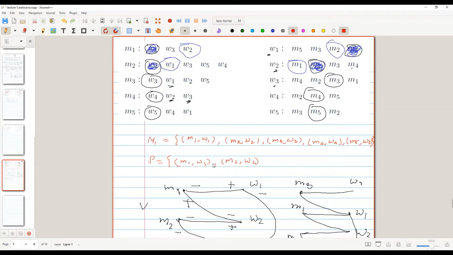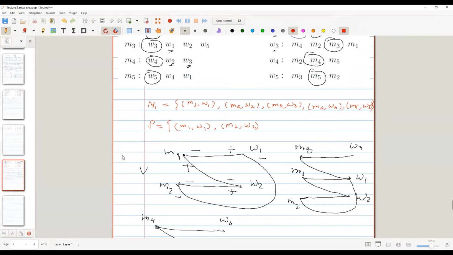In this example also we can see that when two rotations share an edge, if you take one edge, they basically dictate the whole rotation.